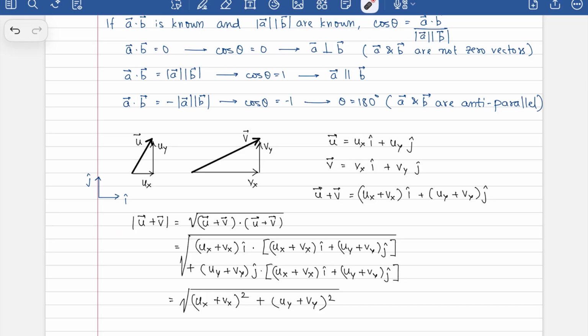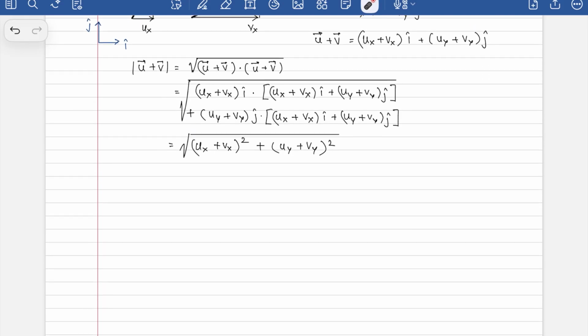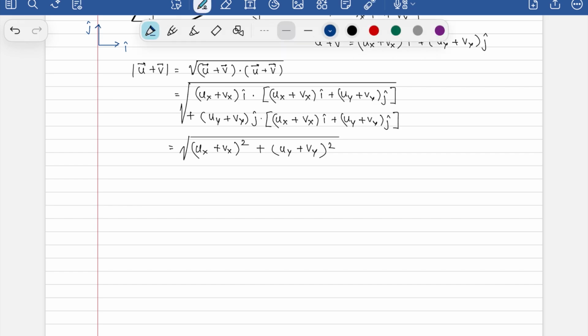Okay, with that, let's quickly do a problem where we have two unit vectors such that the angle between them is 60 degrees. And we're now using this reference frame.